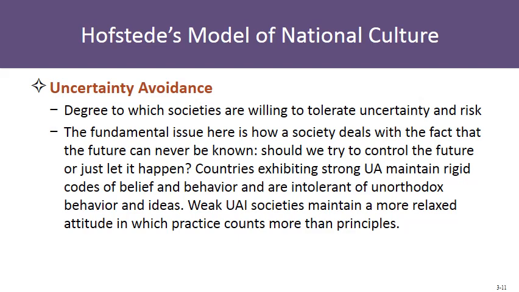Weak uncertainty avoidance societies maintain a much more relaxed attitude in which practice counts more than principles. So it's not a rigid society. Some theocracies, I would argue, that are governed by a very, very strict set of religious beliefs would be an example of a high uncertainty avoidance nation.